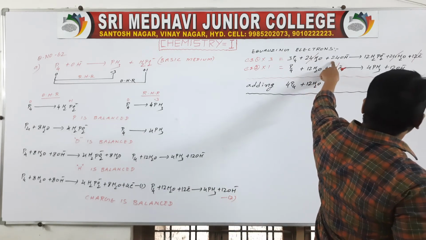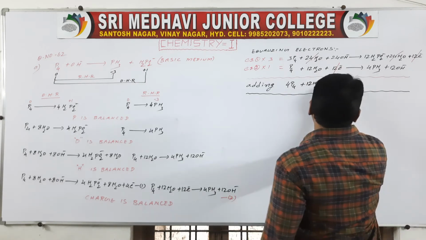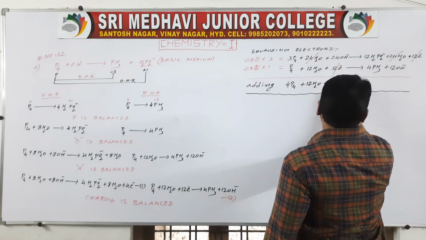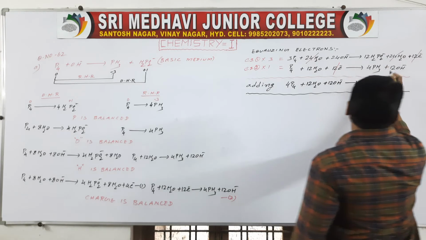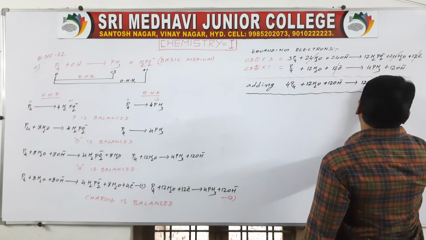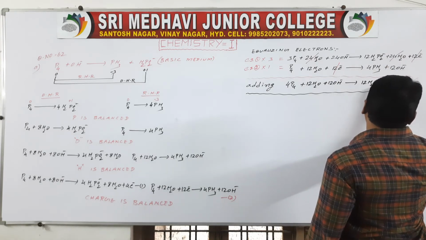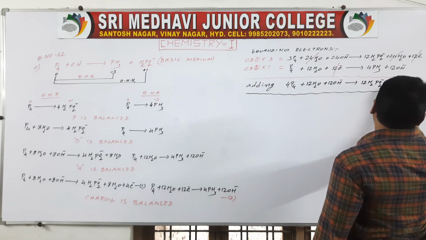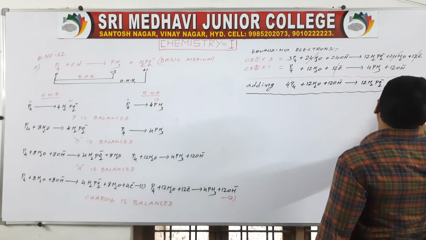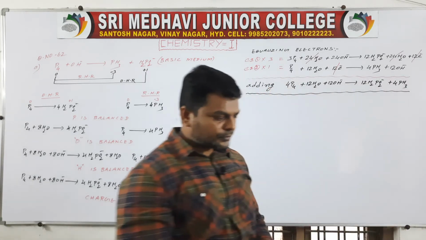Next, 24 OH minus plus 12 OH minus gives rise to 12 H2PO2 minus plus 4 PH3.